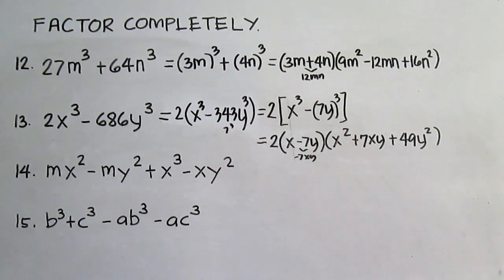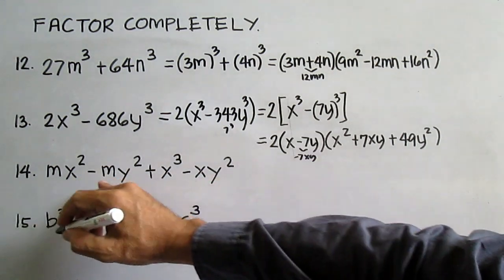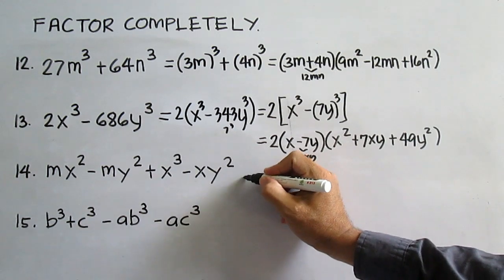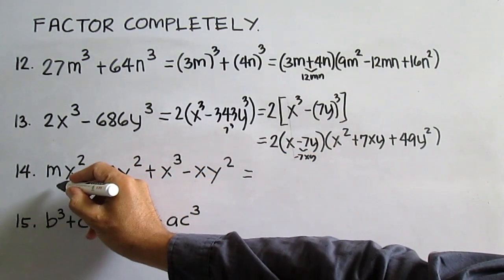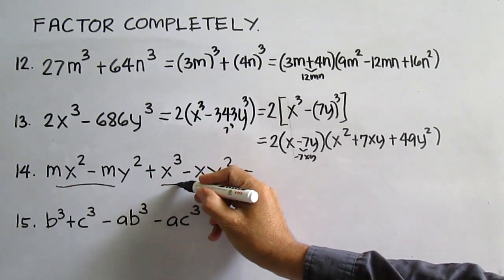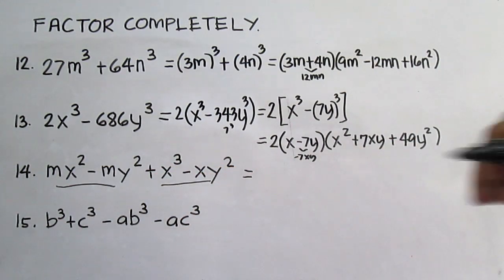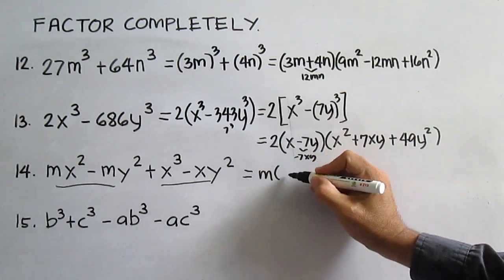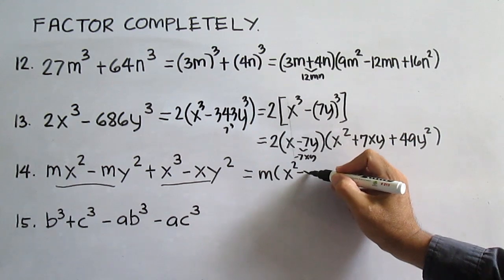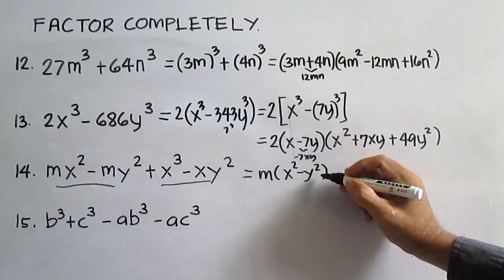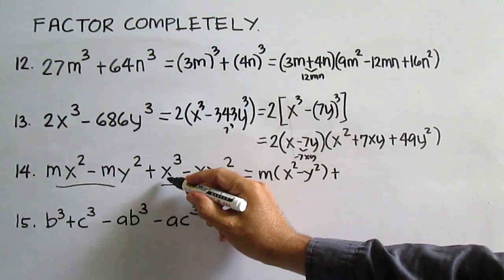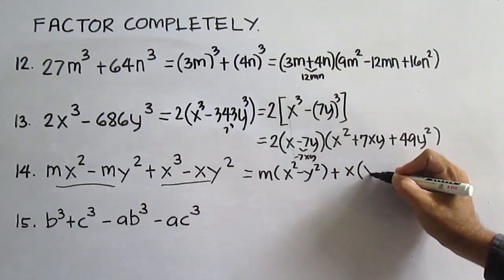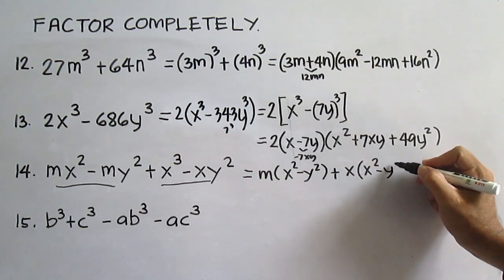Number 14 is a polynomial with 4 terms. This can be factored by grouping. Group the first 2 terms together and the next 2 terms together. The CMF of the first group is m, and the other factor is x squared minus y squared, plus the CMF of the next group is x, and the other factor is x squared minus y squared.